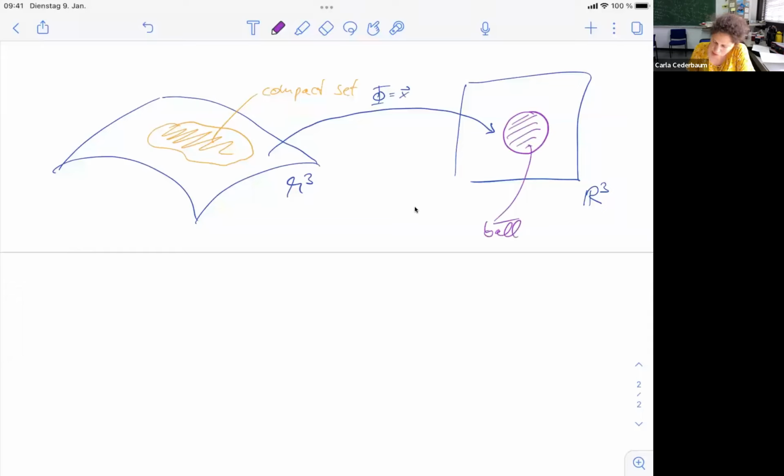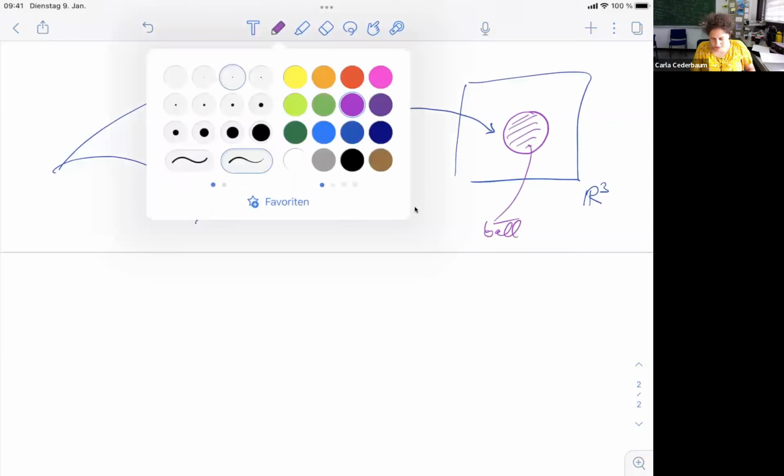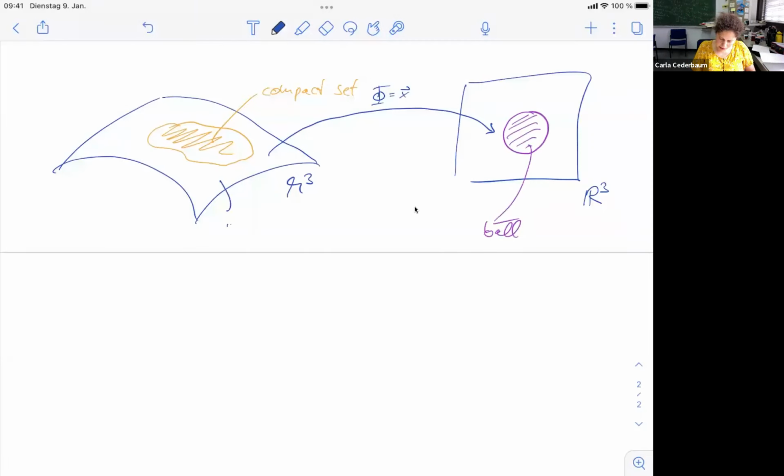So this is a closed ball in R3, so that every point in this exterior region of the manifold outside the compact set maps onto precisely one point of the exterior of this ball in R3, and injectively so. This is a diffeomorphism.